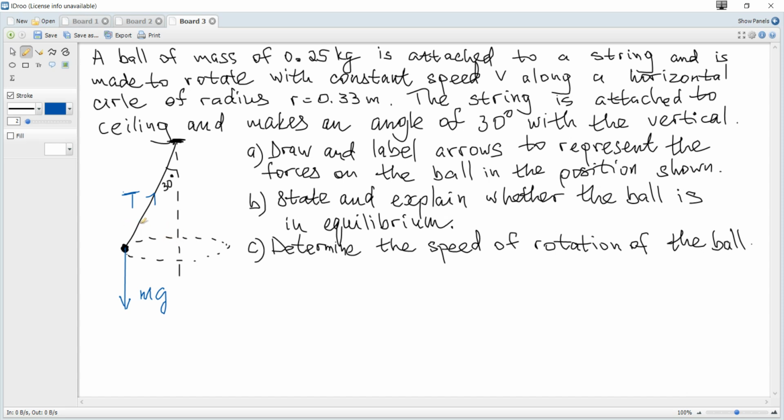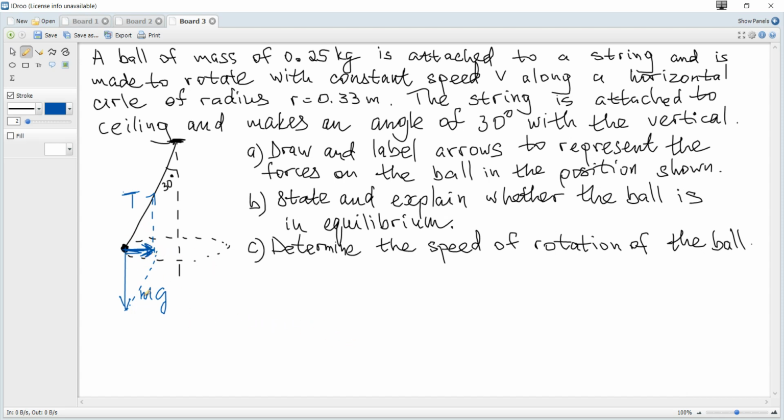And let's consider the resultant force. It's the vector sum of these two forces, and since it's the sum of two vectors, we should apply a rule for the sum of two vectors, and we can apply the parallelogram rule. So we draw a parallelogram, and a diagonal is the resultant vector, and it's the resultant force.